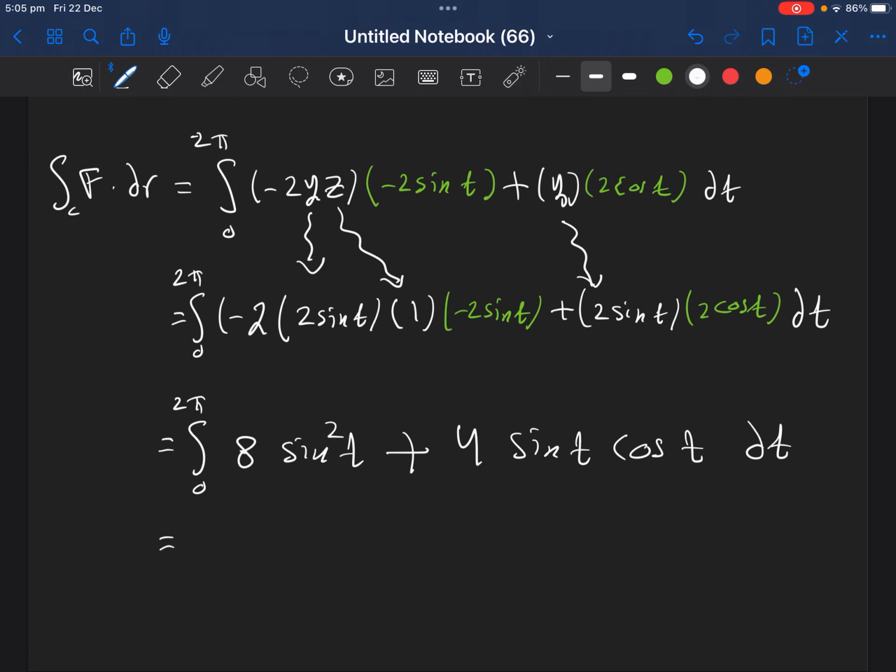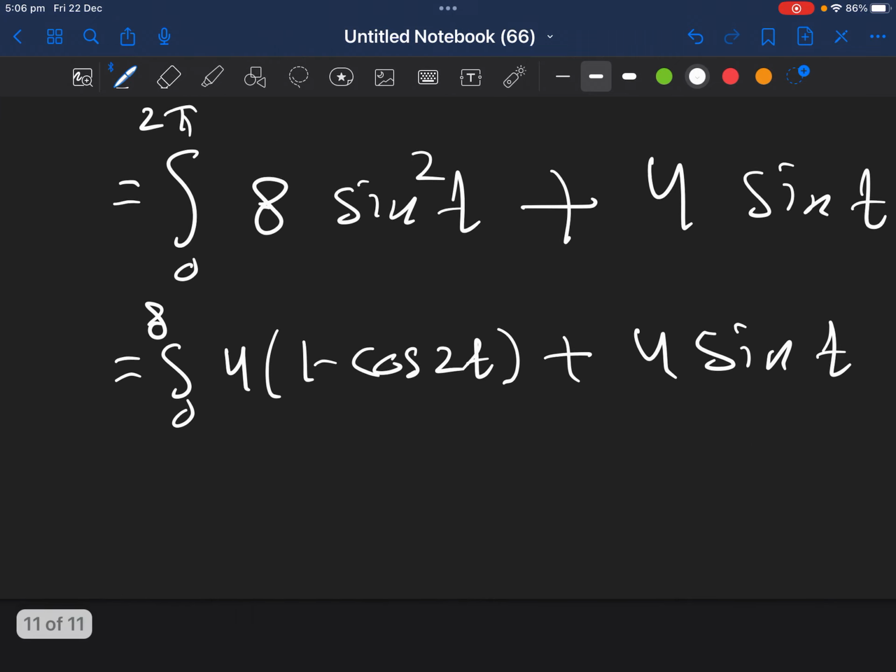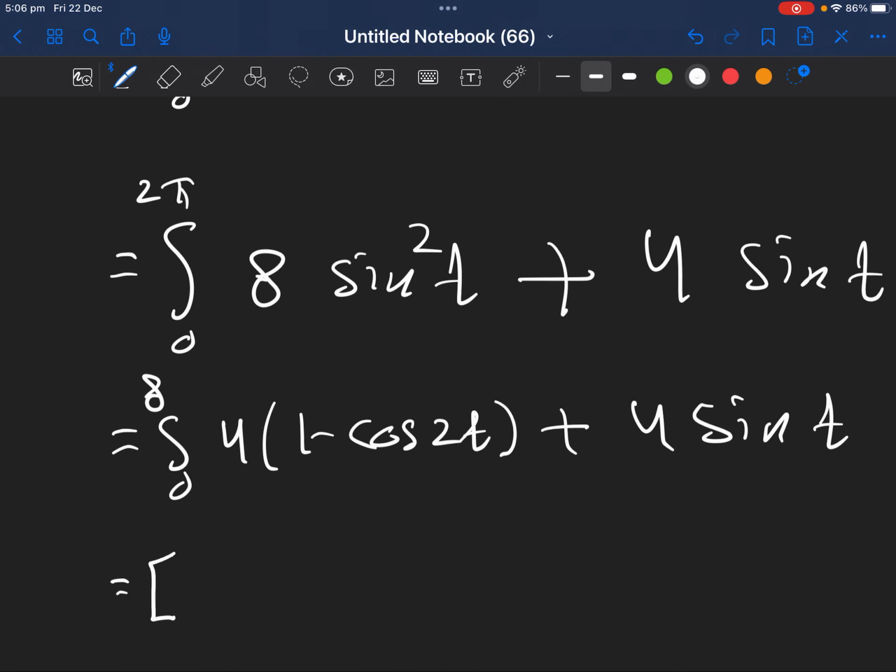We almost can do this integral, so just let us use the double angle formula. This would be 4 times 1 minus cosine 2t plus 4 sine t cosine t dt. And now this integral, if we do it, it will be 4 times, what's the integral of 1? It's t. What's the integral of cosine 2t?